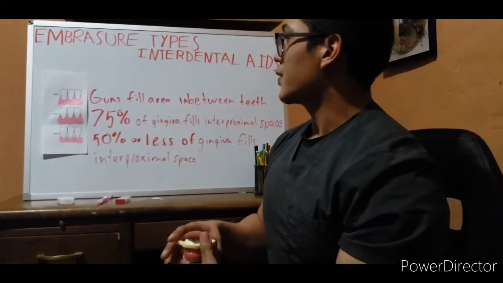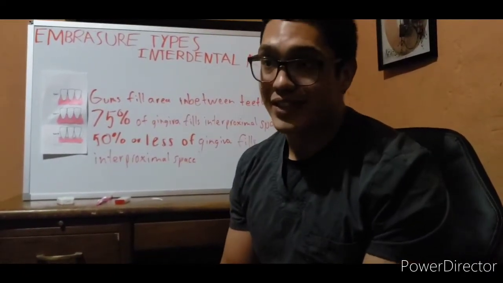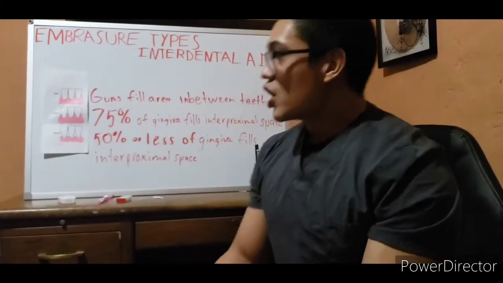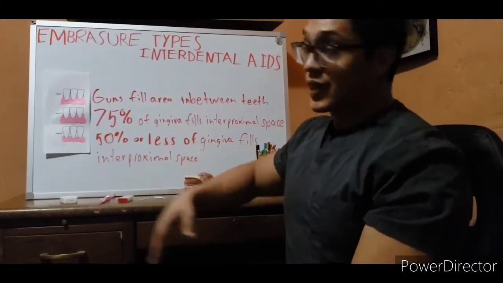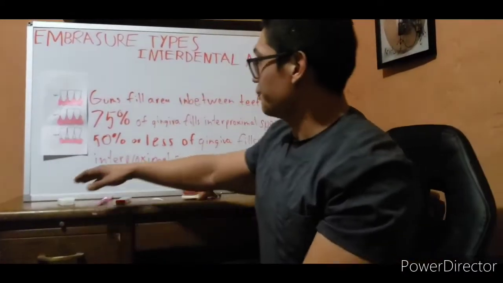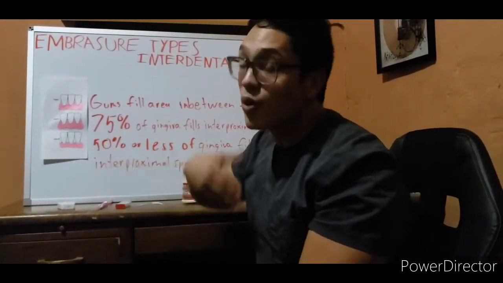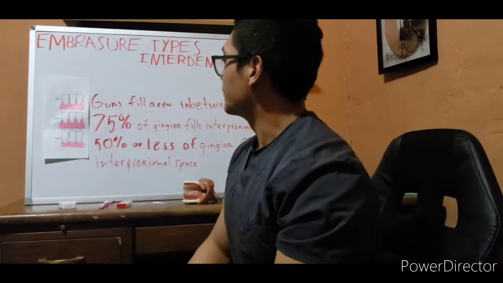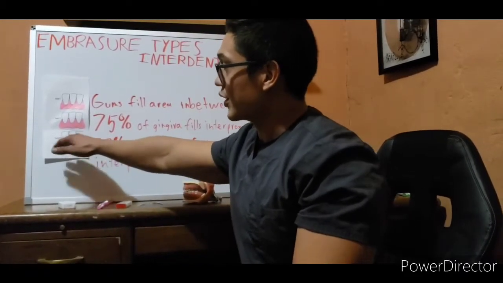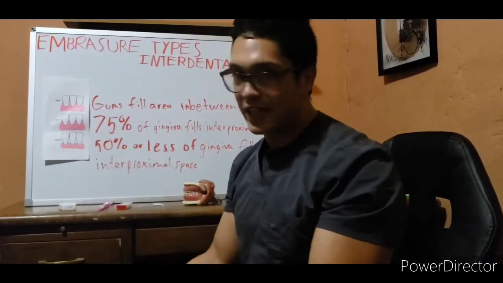So there's also another classification, which would be type 3 embrasure, which is when the gums have receded 50% or even more than that, I do apologize. So they no longer fill the interproximal space.